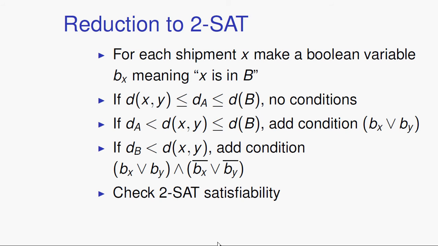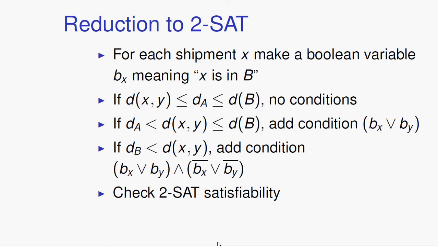So if the distance between X and Y is less than dA, then this pair adds no conditions to the formula we are building. If d of xy is more than dA but less than or equal to dB, then we will add condition bx or by, meaning that at least one of the shipments X and Y should be in the set B, as we saw on the previous slide.